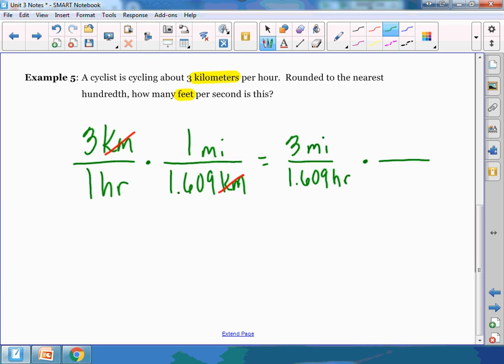That's fine. She wasn't here yesterday, so can anybody tell me that was here yesterday? Emily? Good. So 5,280 feet up here. So the miles have canceled.